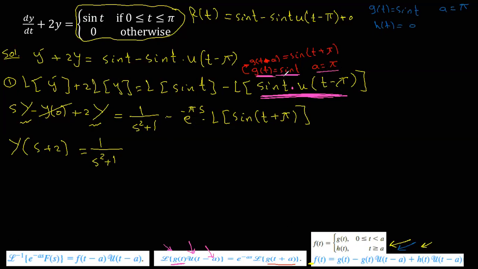If your g(t) is sine t, because here you have g(t plus a), I'm going to find g(t plus a). If g(t) is only sine, so g(t plus a) will be what? What do you think, Omar? Sine t plus pi. Yes, because your a is pi.